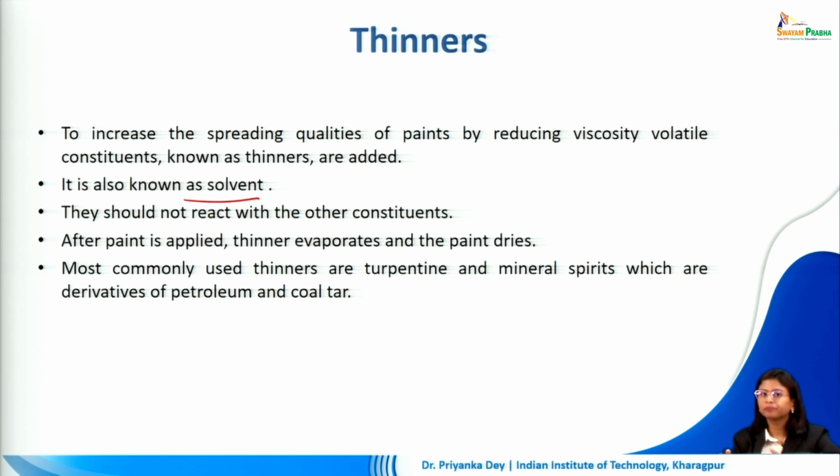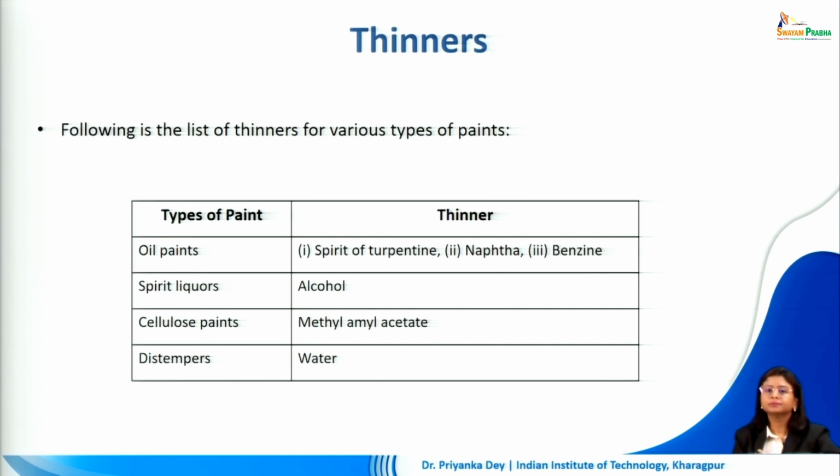Most commonly used thinners are turpentine and mineral spirits, which are derivatives of petroleum and coal tar. Different types of thinners are used for different types of paints. So let's take a look. If we are dealing with oil paints, then the type of thinner we want to go for is either spirit of turpentine, naphtha or benzene.